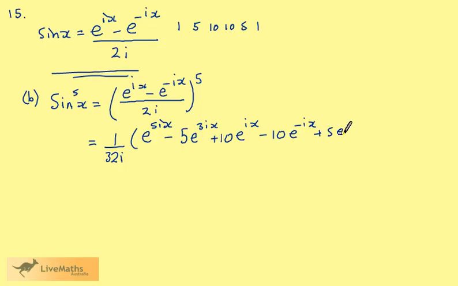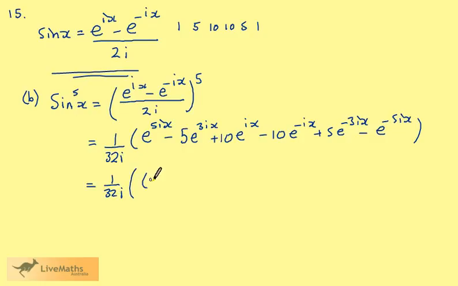We get 5e to the negative 3ix, and finally e to the negative 5ix. Now it's just a case of grouping, so that's 1 over 32i.